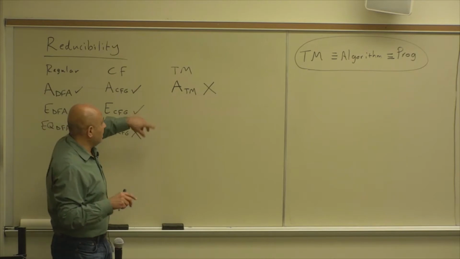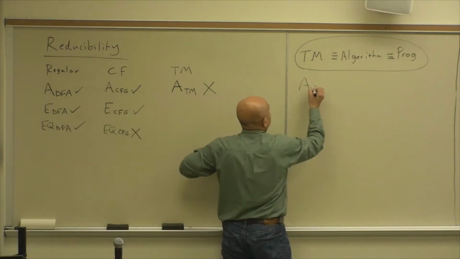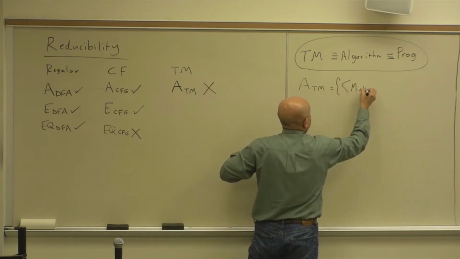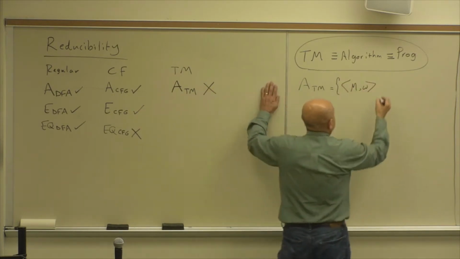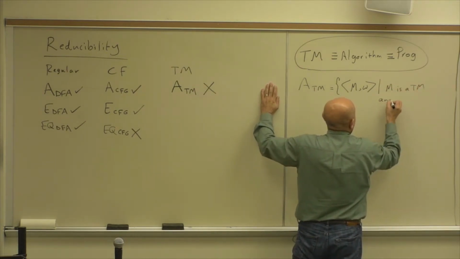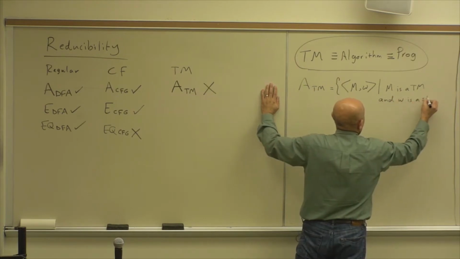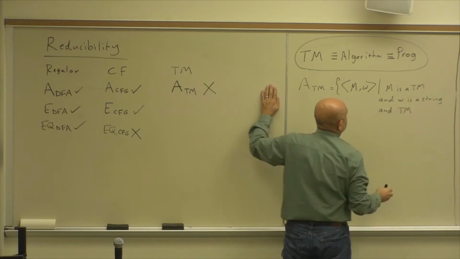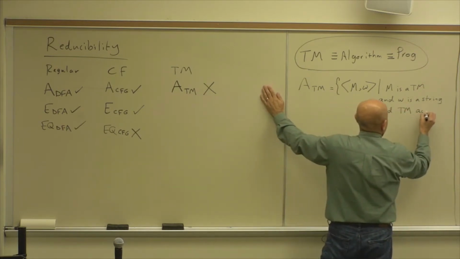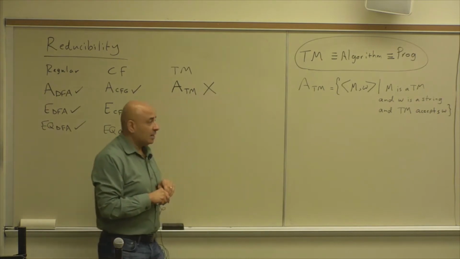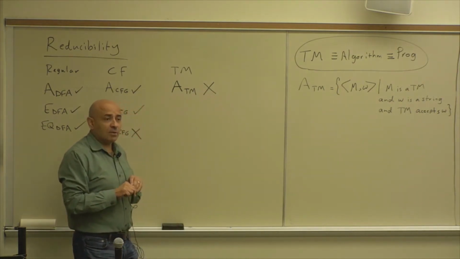ATM: you are given a Turing machine M and a string W, and the objective is to determine if M accepts or rejects W. What was the intuition?